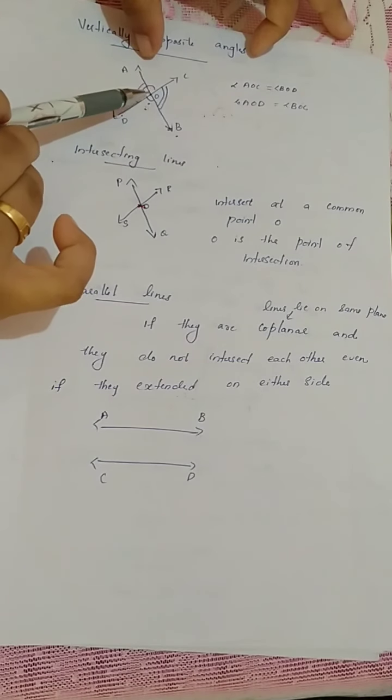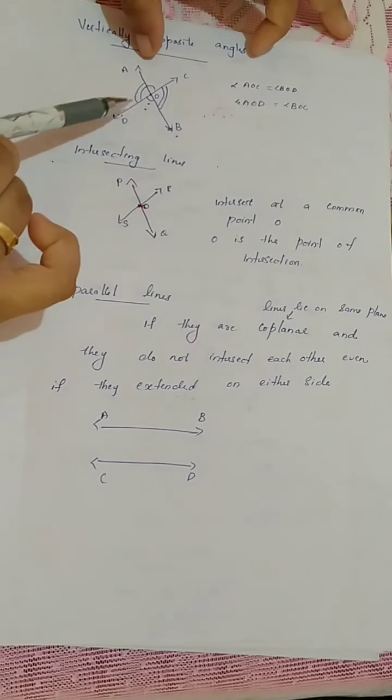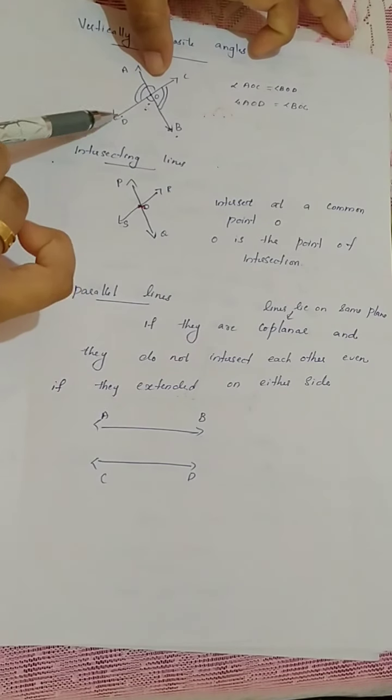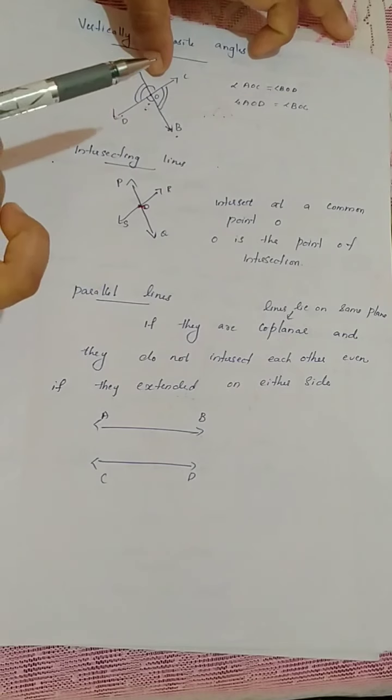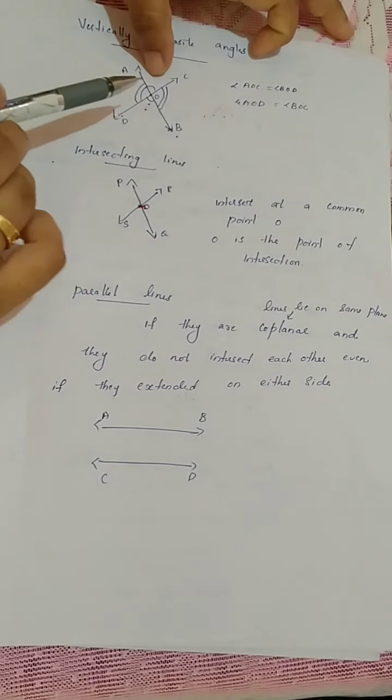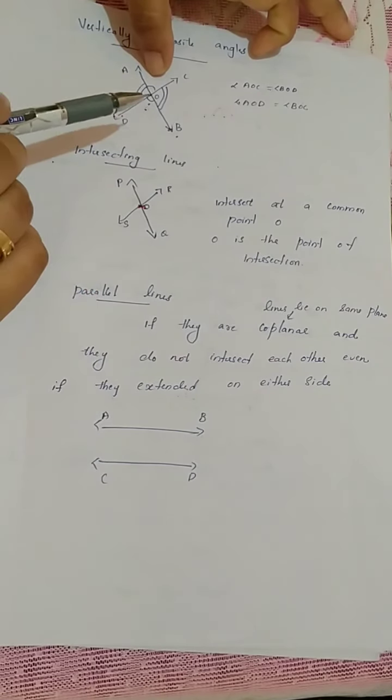AOC and BOD is a pair of opposite angles, and AOD and BOC is another pair of opposite angles. These types of angles are called vertically opposite angles, and these angles are equal. That is, angle AOC is equal to angle BOD and angle BOC is equal to angle AOD.